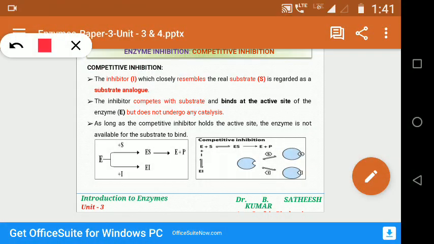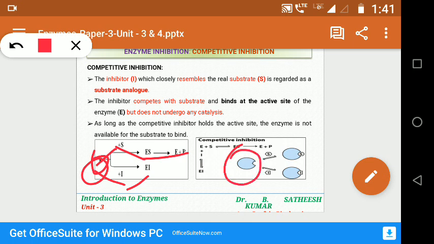Here we can see that if we add substrate to the enzyme, we get ES, and from ES we get E plus P. Product will be formed. Otherwise, if we add inhibitor I, we get the EI complex, which is an inactive complex. A product cannot be formed from this.